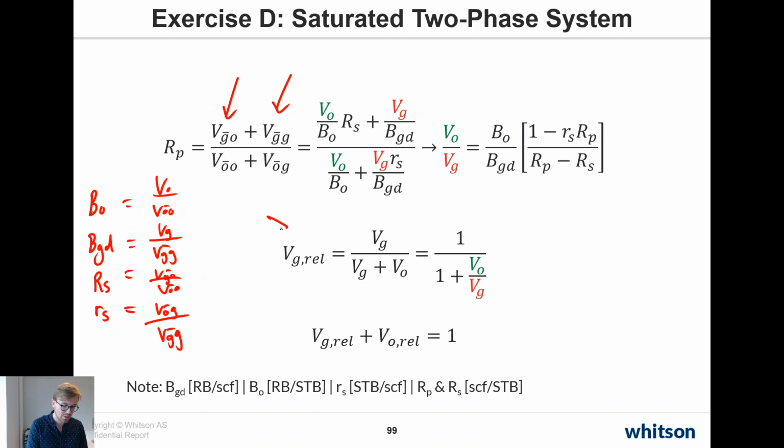So you can see a gas saturation right here, and this is an oil saturation. That's essentially what it is, if you ignore water.